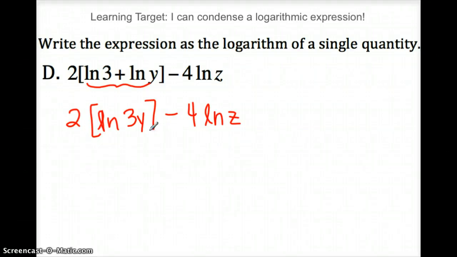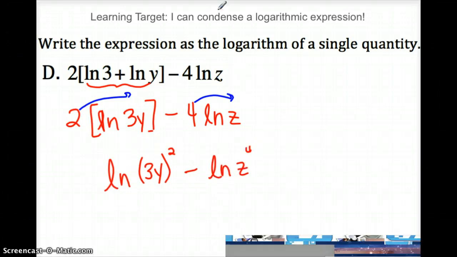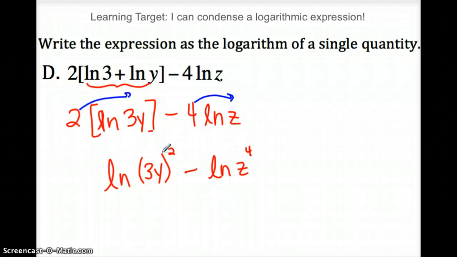Okay. So the next question, why is this 2 in front of this natural log? Well, it was a power, so we just have to put it back. Actually, let's just take care of both of them. So the natural log of the quantity 3y needs to be squared, and z needs to be raised to the 4th. Okay. So we just want to make sure that we distribute this square just to clean up our answer.